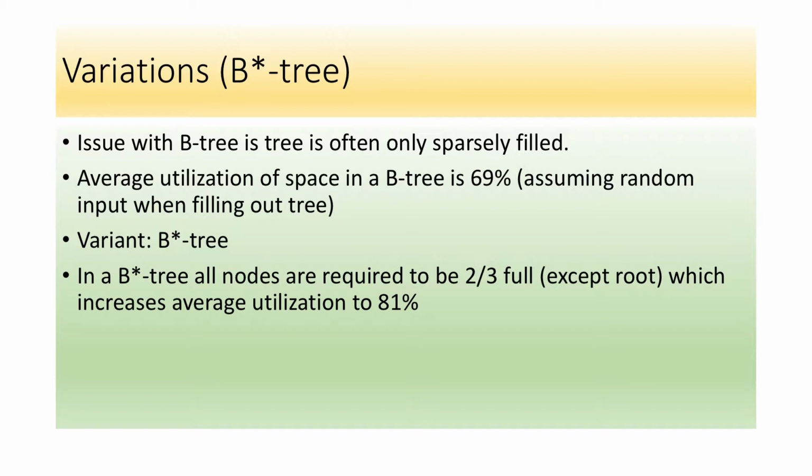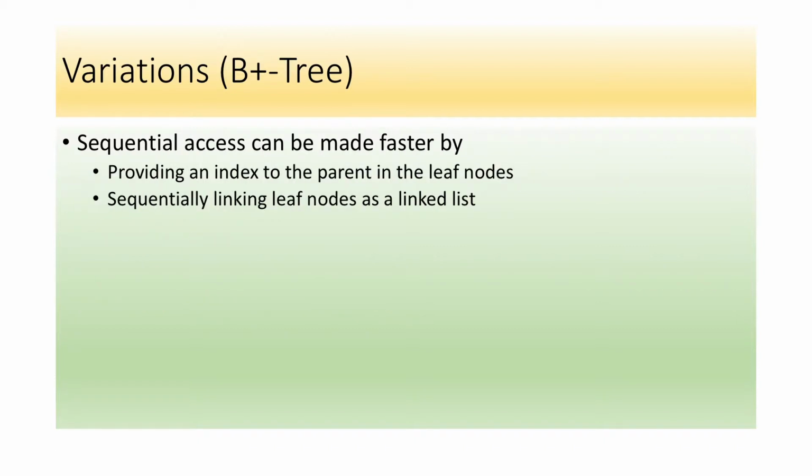Well, what can you do? Well, you can come up with different variations of the B tree, like the B star tree. What other variations have you got? Well, you've got the B plus tree. And I just showed you the reason for the B star tree. That was because it was really empty and you wanted to fill it up better. So you make rules that make it fill up better. The other variation, the B plus tree.